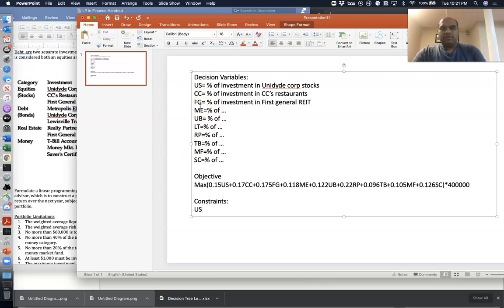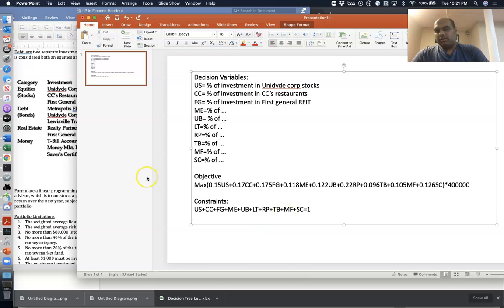So I'm just going to say US plus CC plus FG plus SC. These are all the percentages. They all have to add up to 1.